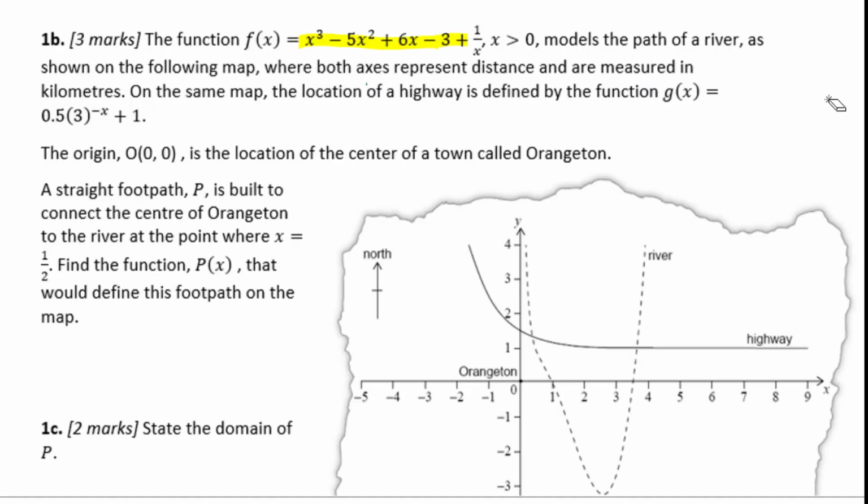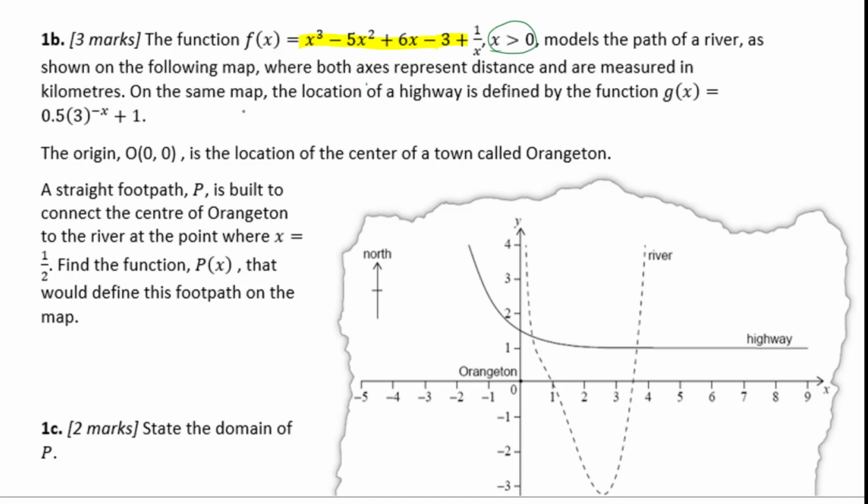Let's go to 1b. The function f of x equals x to the third power minus 5x squared plus 6x minus 3 plus 1 over x, x greater than 0, models the path of a river as shown on the following map, where both axes represent distance and are measured in kilometers.